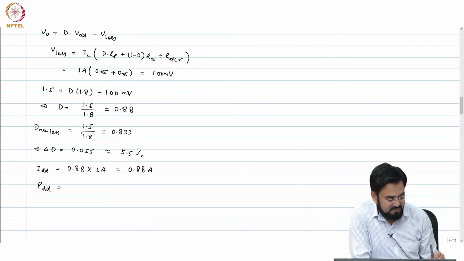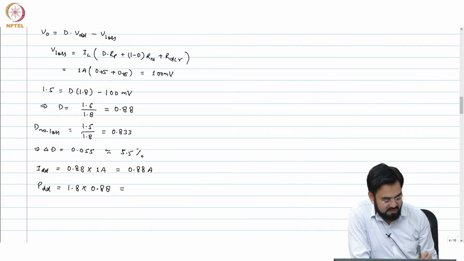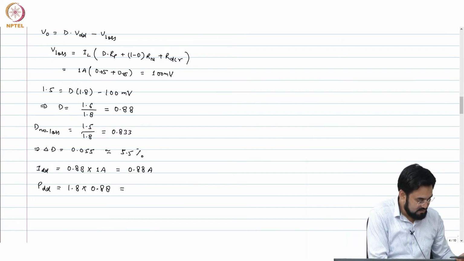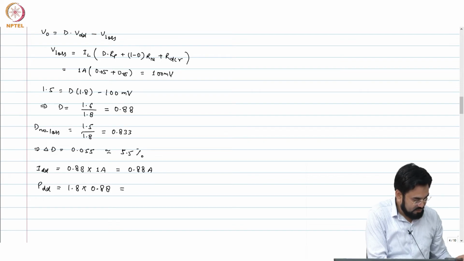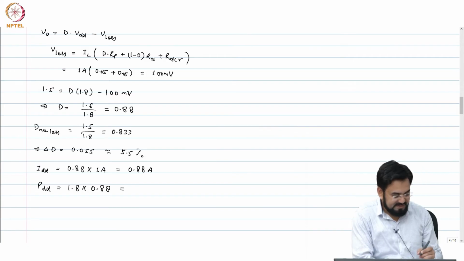PDD is 1.8 multiplied by 0.88. How much is this? 1.6.